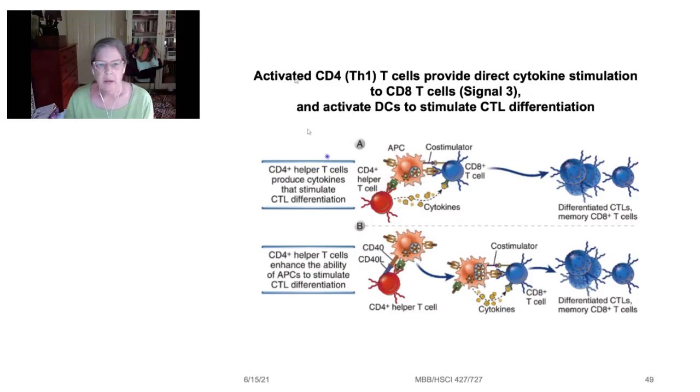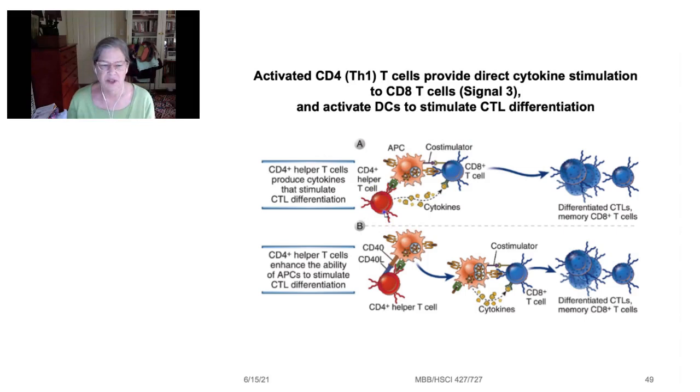Okay, so activated Th1 cells then can direct cytokine stimulation and differentiation. And there's two ways that they can do that. T helper cells are really good at helping APCs get stimulated.